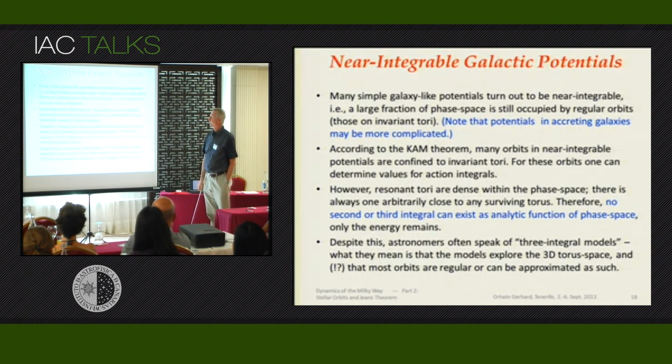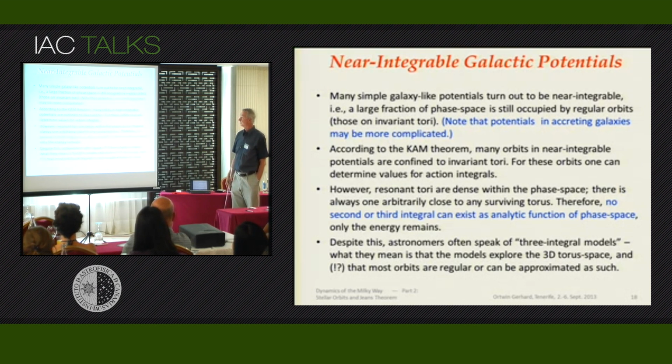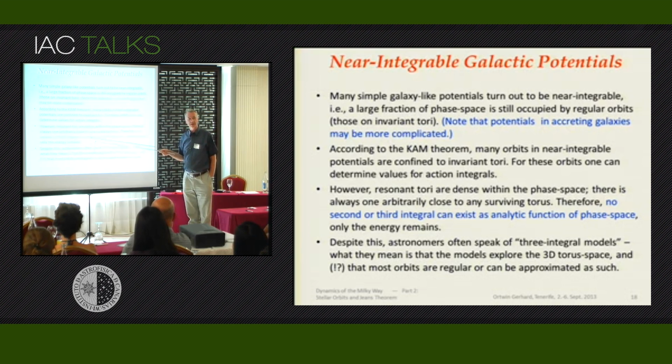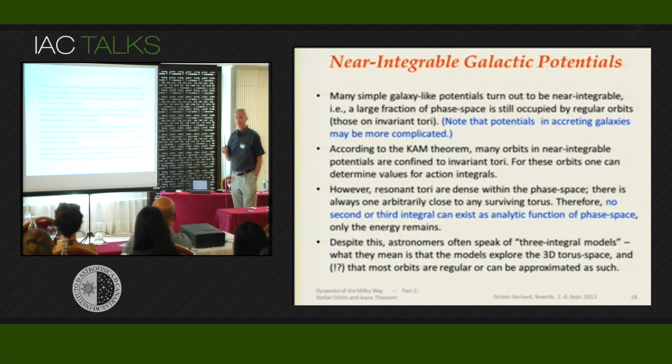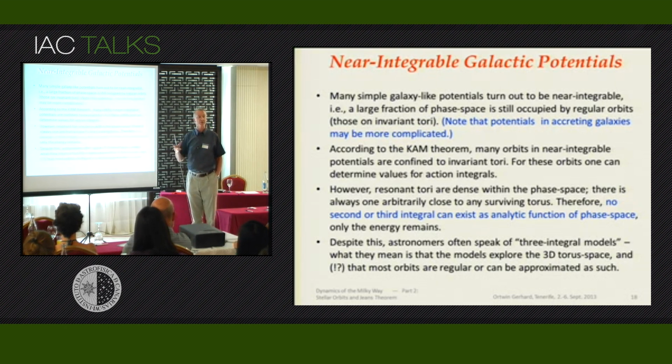So in these near integrable potentials, we could see that you can define action angle variables on the torus to the left, and sometimes you could even try and describe by some kind of average action angle coordinate system a small chaotic region, even though it's not strictly true. So one thing I like to say at the end is, when you read the literature, astronomers often speak of so-called three integral models.